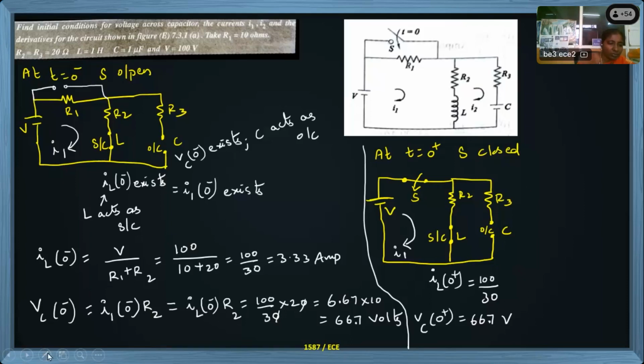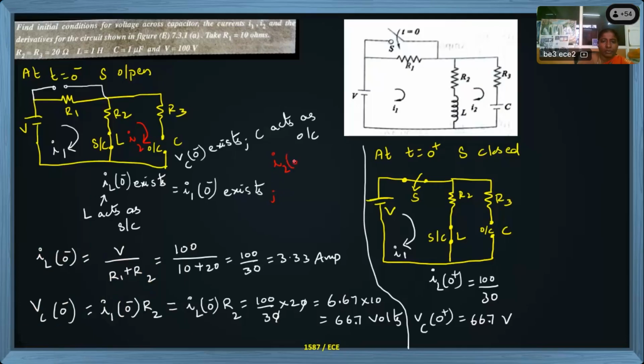I will talk about the I2 current also. In the circuit, I2 representation is given, so I will talk about I2 current here.